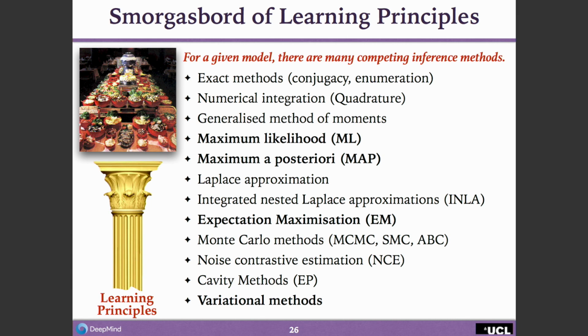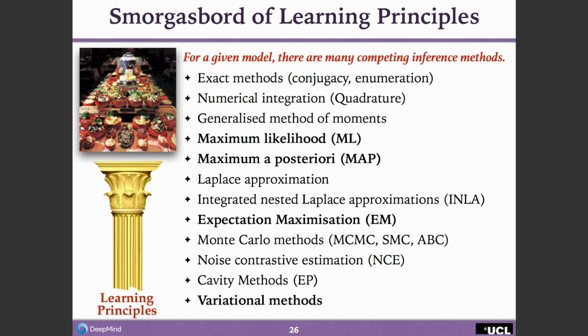Other methods, like the generalized method of moments, maximum likelihood, maximum a posteriori, Laplace estimation, and so on and on and on. So many and many more being added all the time. And hopefully you would have seen at least a little bit of all of these different kinds of methods, but we will look at maximum likelihood, expectation maximization, variational methods, and I should update this list. We'll look at one other thing which we'll just generically call non-maximum likelihood, so things which live outside this list.